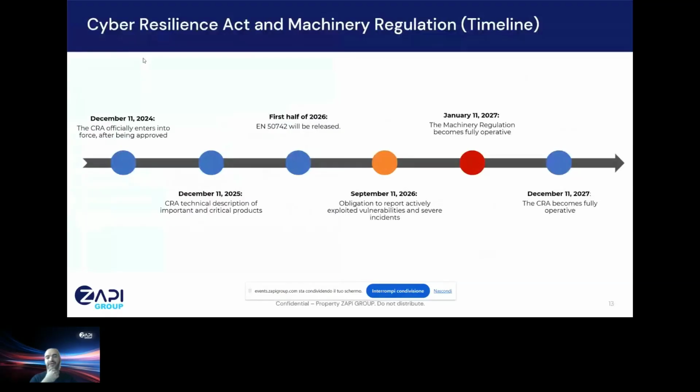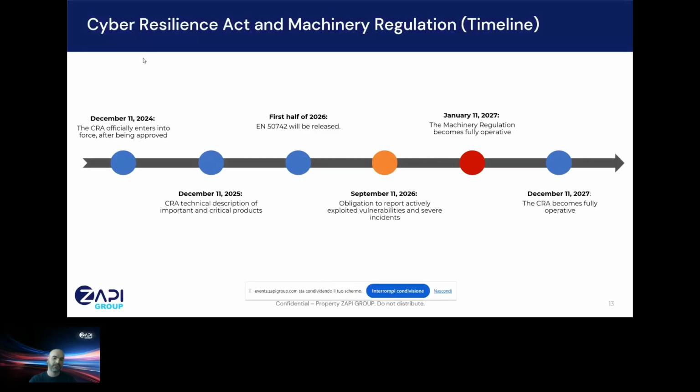So if we check the time frame of the machinery regulation and the Cyber Resilience Act, now we are more or less in the middle of the timeline. In particular, the next deadline will be the obligation to report exploited vulnerabilities in September 2026, and the deadline of the machinery regulation in January 2027.